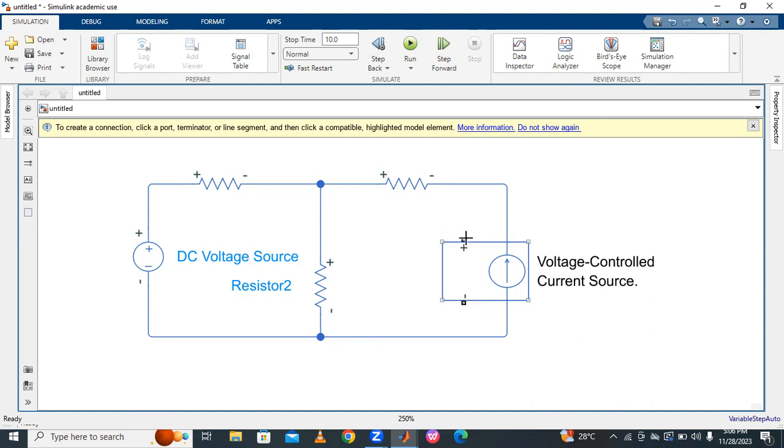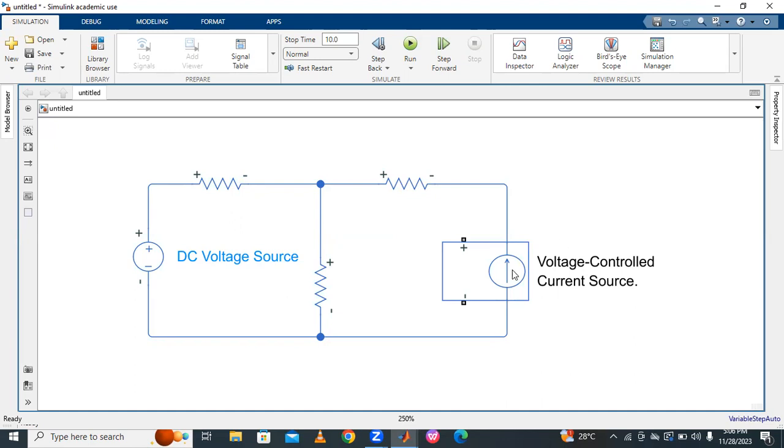Then by using this, connect, for example, 4Vx. Let us assume 4Vx. This means the voltage Vx depends on this resistor. So connect it just like a voltmeter, exactly parallel to this resistor, because it is the voltage across the resistor.